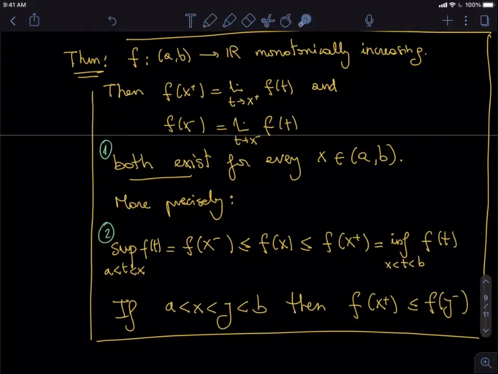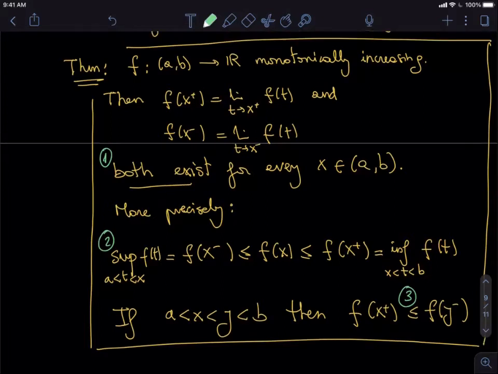Actually, this characterization here as the infimum or the supremum is what we need to show. And then the last thing we want to show is that we have this inequality f of x plus less or equal than f of y minus whenever x less than y.